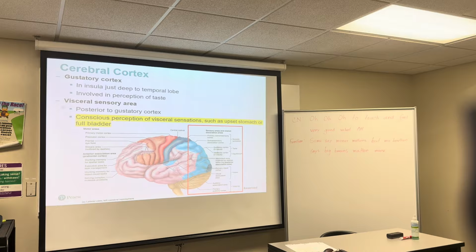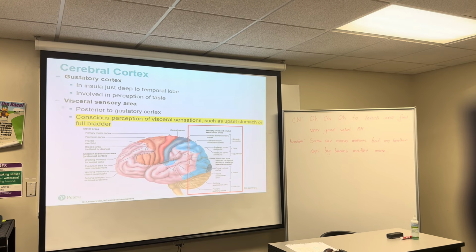Now let's talk about something important. Visceral sensory area. When we say visceral sensory area, what do we mean by that? It means that you can sense anything happening inside your viscera. When we say viscera, what is the meaning of viscera? Organs, right? So what are the organs that you have?